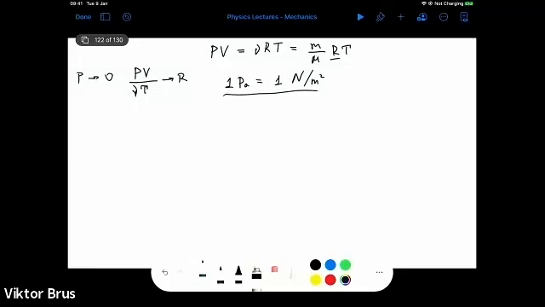So if we deal with these units, then it's the so-called gaseous constant or universal gaseous constant equal to 8.314 joule per mole per Kelvin. So this is the universal gaseous constant.